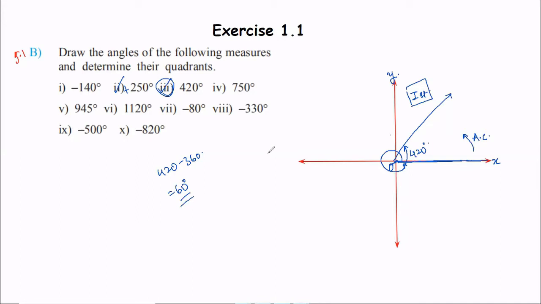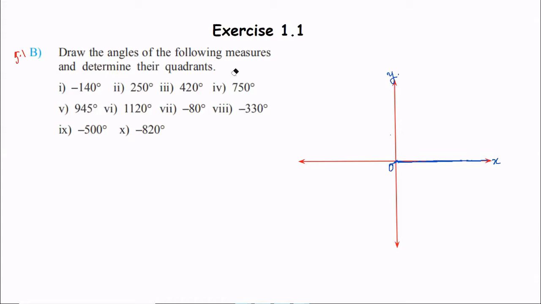Now moving to the fourth question. Let me erase this. So the fourth question is 750 degrees. When we talk about 750 degrees, it is more than 720. 720 is 2 times multiple of 360, right?